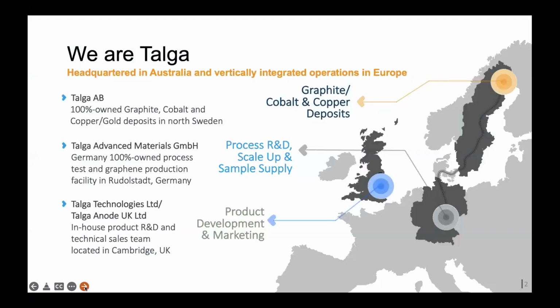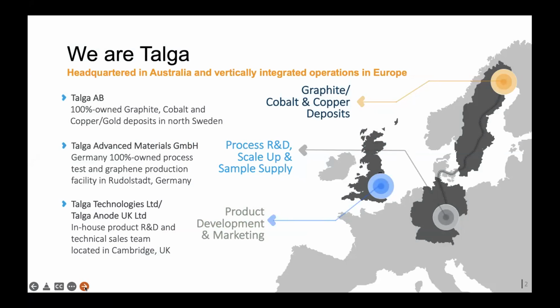So Talga is a company that has a really, really big ambition. We are headquartered in Australia, but all of our operations otherwise are based in Europe. So we say we are vertically integrated, which means that we own a graphite source in Sweden.